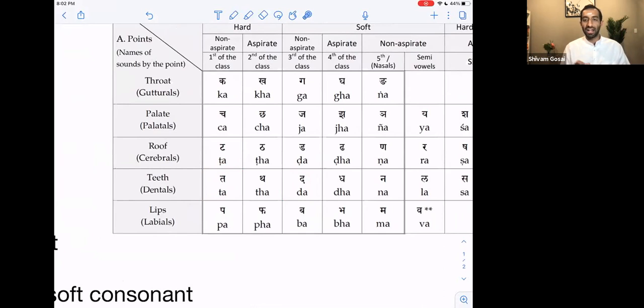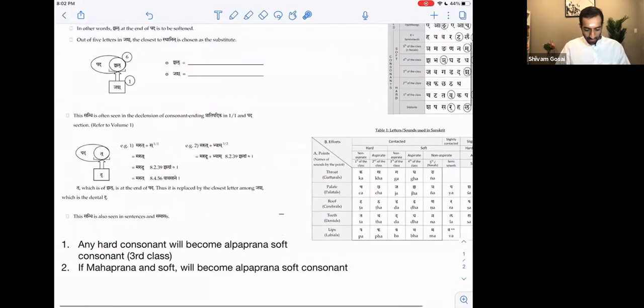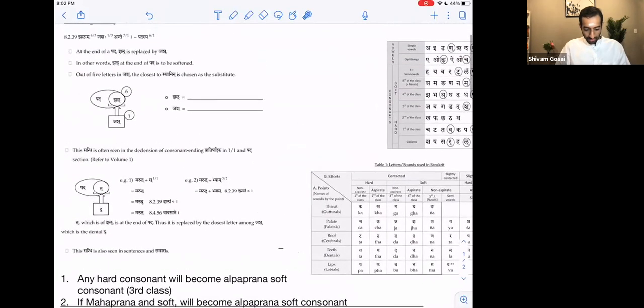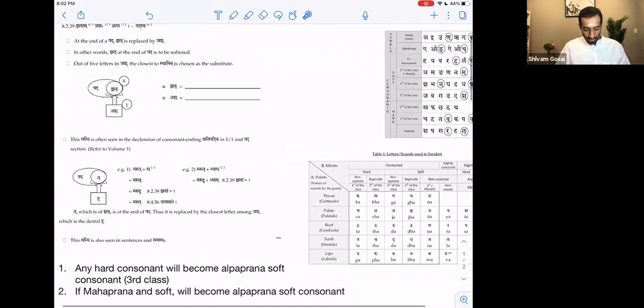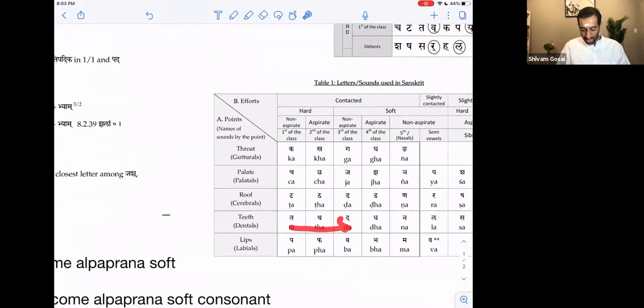So if you have ramat at the end of a word, ramat is going to become ramad. That's really what we need to do.